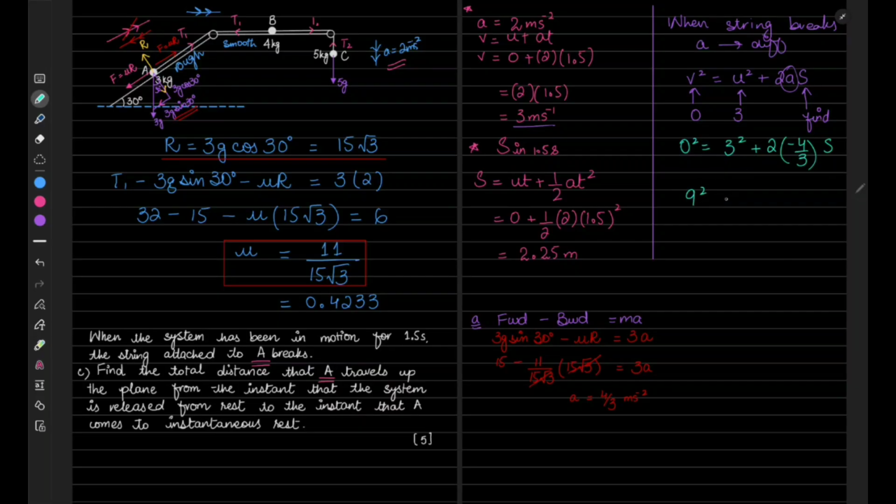Taking this on the other side, minus 8 over 3 s equals minus 9. Sorry, 3 square is 9. And then s becomes 27 over 8 as distance. And that is 3.375.